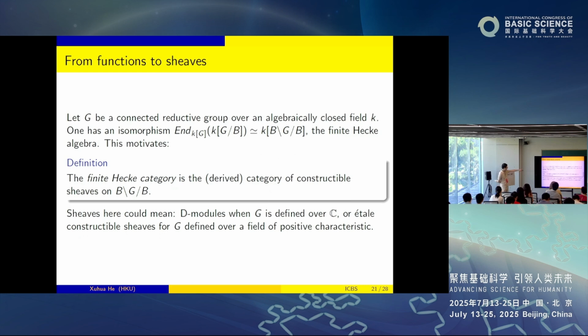So the Hecke algebra is the functions on this quotient stack, and the Hecke category is the constructible sheaves on this. The sheaves could mean D-modules when the group is defined over complex numbers, or étale constructible sheaves when G is defined in positive characteristic.